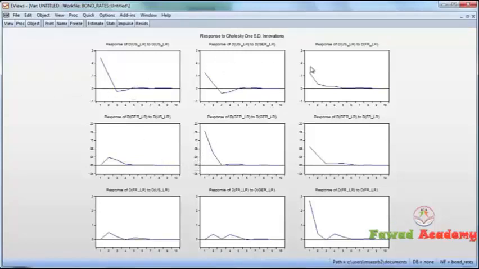We still have in the first row the US equation, second row Germany equation, third row France equation, first column responses to US shocks, second column responses to Germany shocks, and third column responses to French shocks. Now what you can see is we previously had both Germany and France instantaneously responding to US shocks. This has now been ruled out because the US has been ordered last.